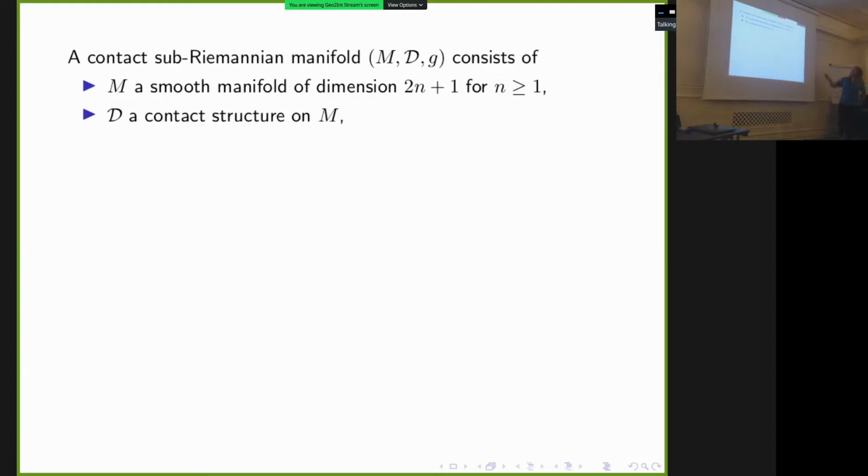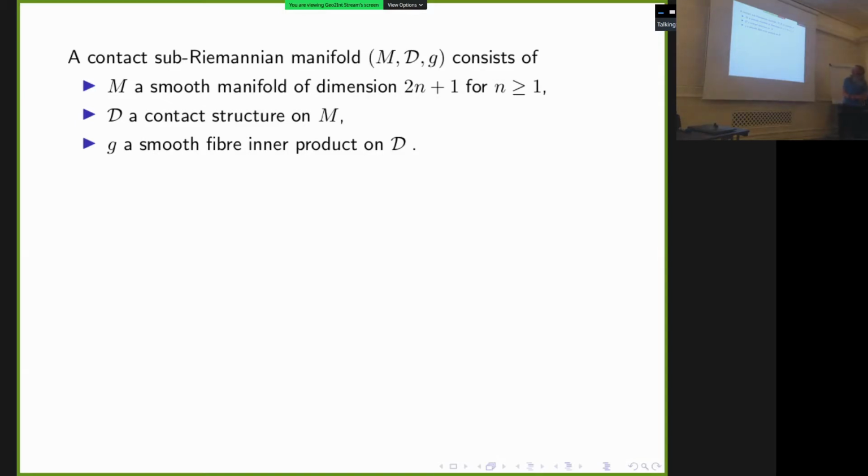But then observe that the pair (M, D) is now a contact manifold. So that's why the word contact appears in the name. And then we assume that g is a smooth fiber inner product on D. So essentially we have a way of measuring tangent vectors which lie in the distribution.